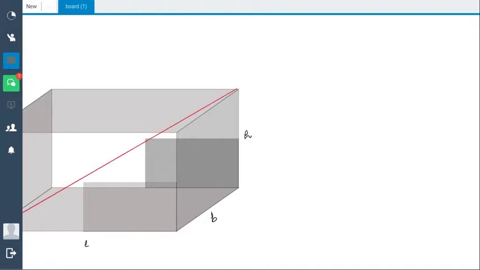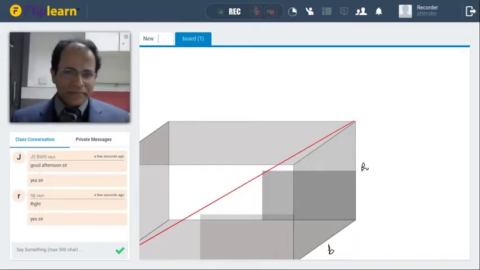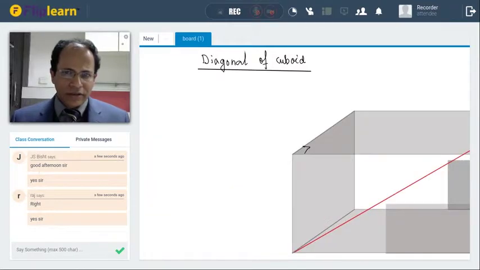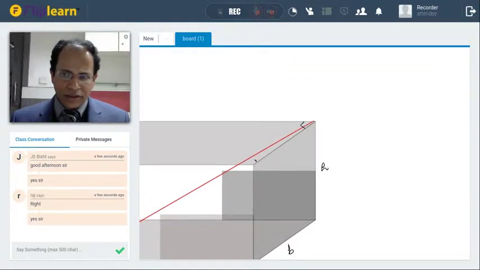Okay. Now, one more thing, which is very, very important. In a cuboid, always we know that the sides, right, the faces, can you see that these faces we are talking about?